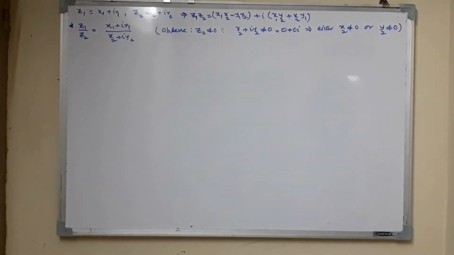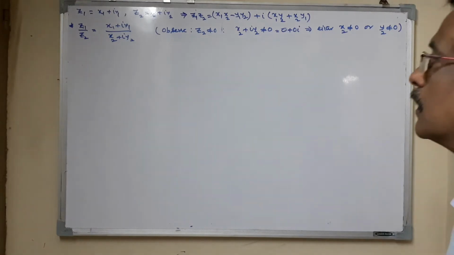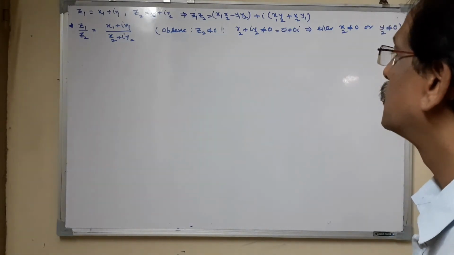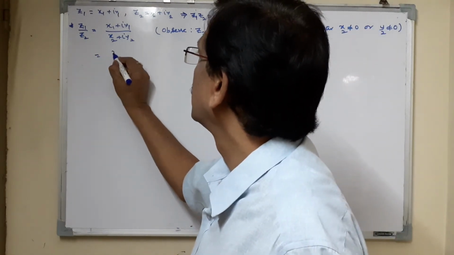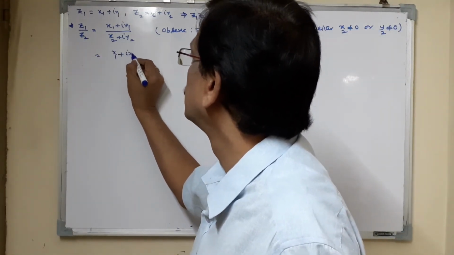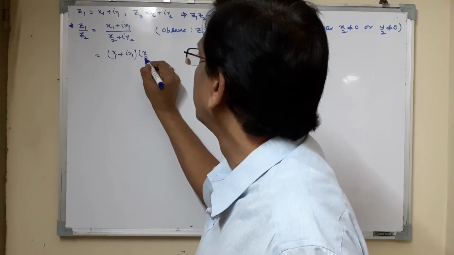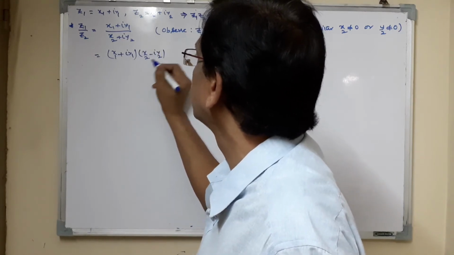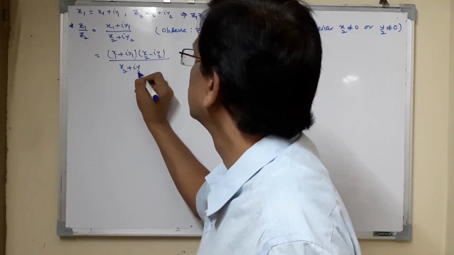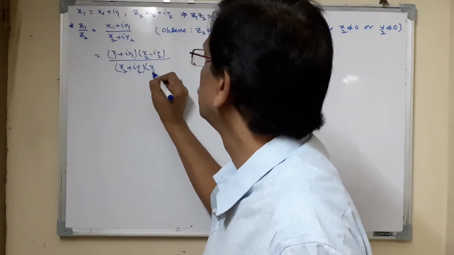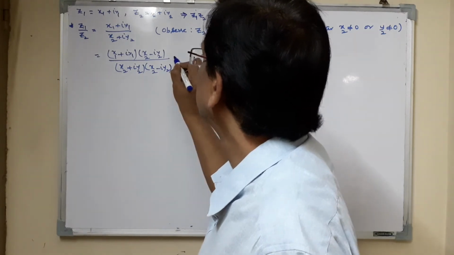I can perform the quotient, perform division. Simply (x1 plus iy1) into, I will multiply by (x2 minus iy2), because already I have given about the complex conjugate, (x2 plus iy2) into (x2 minus iy2). Simplify this.